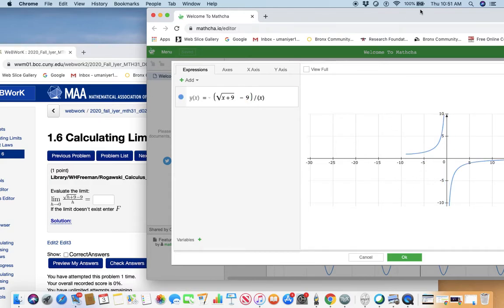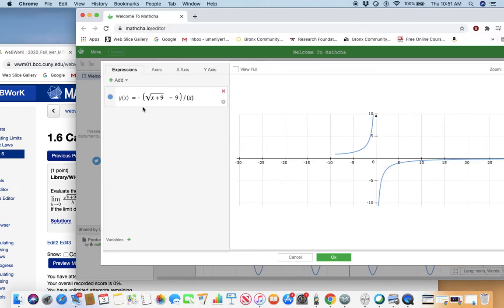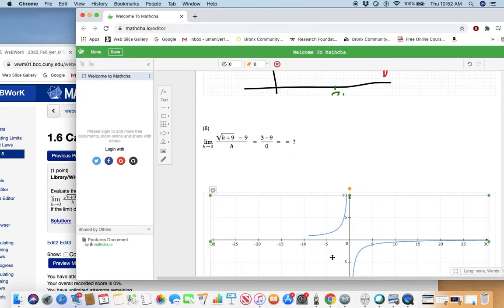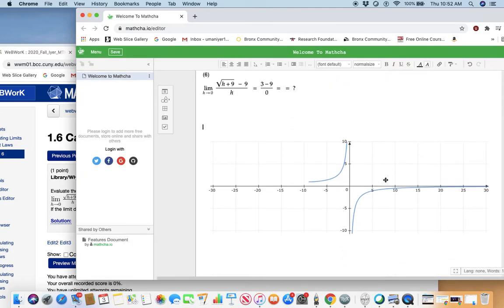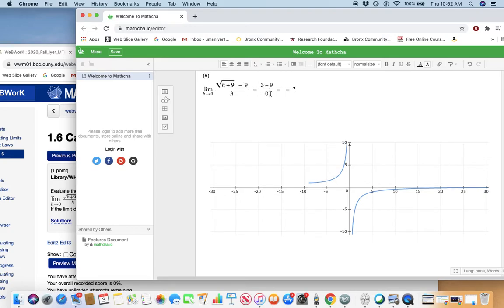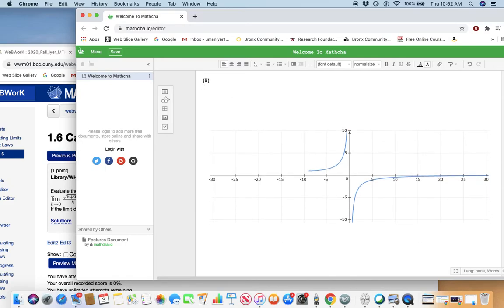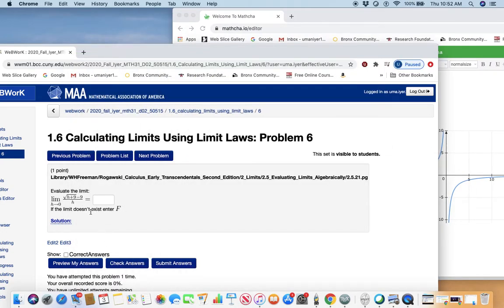So you see how this looks. This is what I mean. When x goes to 0, I go to negative infinity from the right and positive infinity from the left. You see? And so this limit is some kind of infinity, but they are two different kinds of infinities. So this does not exist.